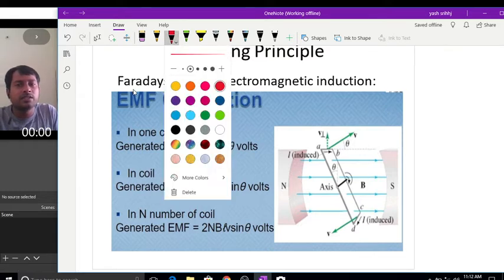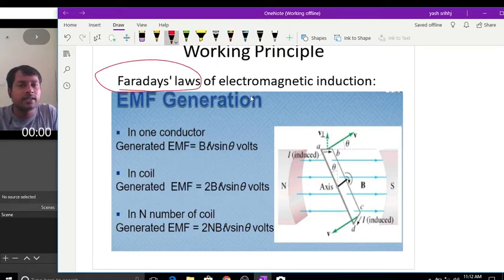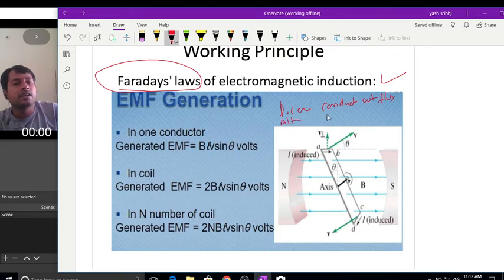The working principle is similar to the DC machines. That is Faraday's laws of electromagnetic induction. Faraday's law is: whenever flux cuts the conductor, or conductor cuts the flux, an EMF is induced across that conductor. In a DC generator, the conductor cuts flux, but in alternator, flux cuts conductor.